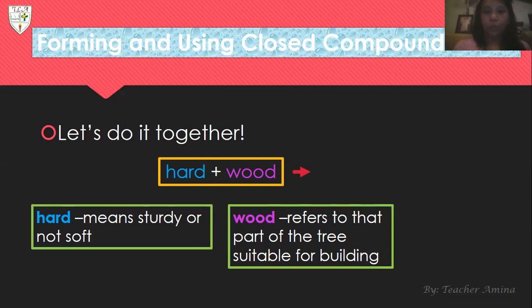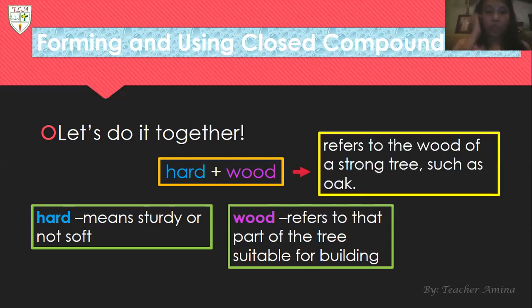When you put them together, hardwood refers to the wood of a strong tree such as oak. Okay, so you just put the two meanings together to form a new word and an entirely new meaning.